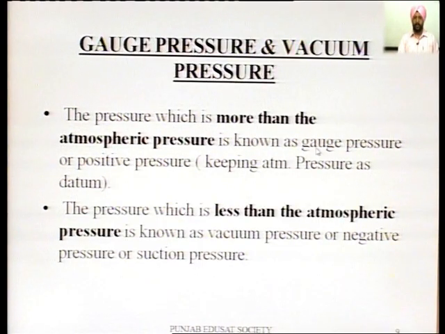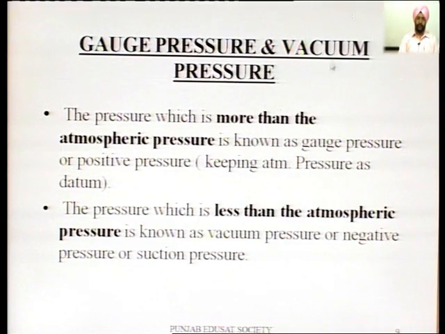So, very simple, gauge pressure has a value more than the atmospheric pressure, or it is also called the positive pressure since it is on the higher side, keeping atmospheric pressure as a datum. This will be clear from the coming diagram. But for now, the definition of gauge pressure is a pressure more than the atmospheric pressure.